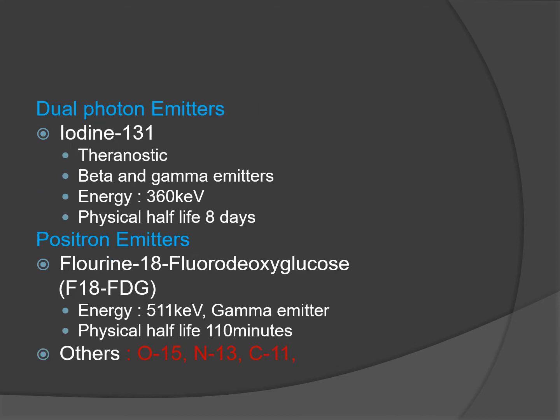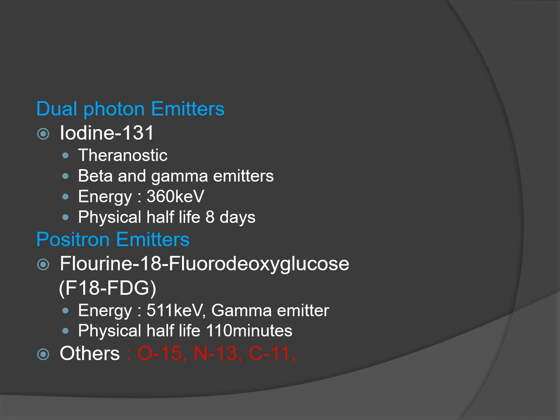Okay. The second common radio tracer that we use is iodine 131. It can be used in therapeutic and diagnostic, so that's why we call it a theranostic agent. Sometimes we will hear about theranostic treatment.